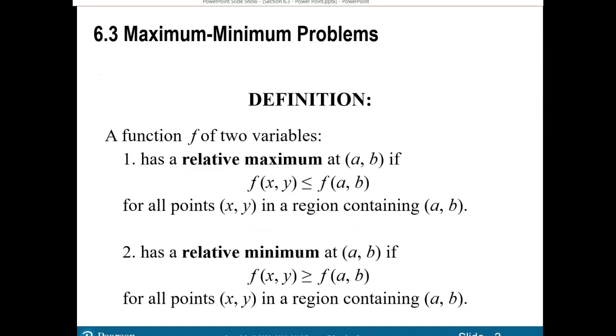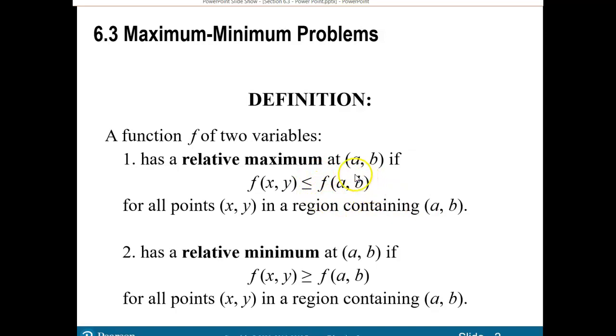All right, so the definition of a relative maximum and relative minimum. A function f of two variables has a relative maximum at the ordered pair (a, b) if the function value f(x, y) is less than or equal to the function value at (a, b) for all points (x, y) in a region containing (a, b).